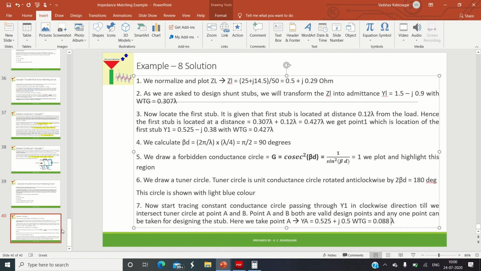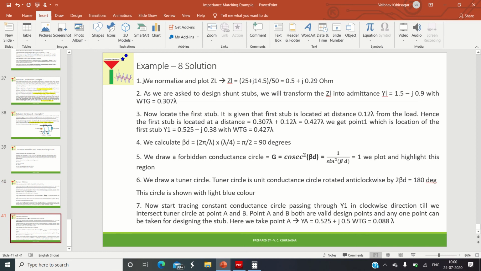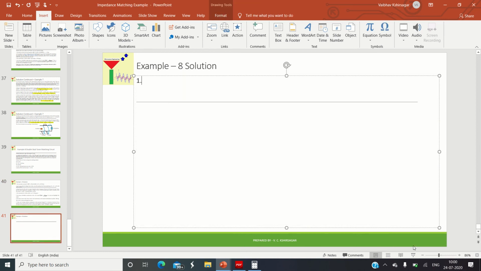Okay, so the next step is I will duplicate this slide, right, and I will remove all this in this slide, and the next step number is step number 8, right?